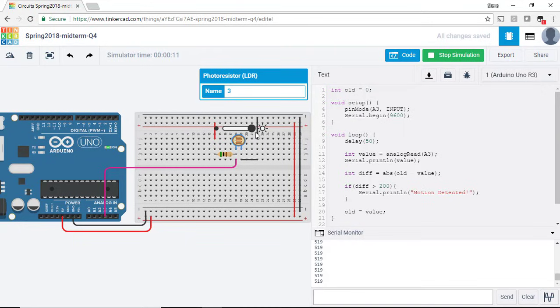But if I force this to have enough of a change of greater than 200 ADC codes, watch what happens. So I move that over, boom, motion detected. If I get it over 200, I get motion detected. So that'll tell me if something has occurred and somebody's walking through the room. So that was the requirement for question 4, part B. You had to wire it up in part A and then write the code in part B.